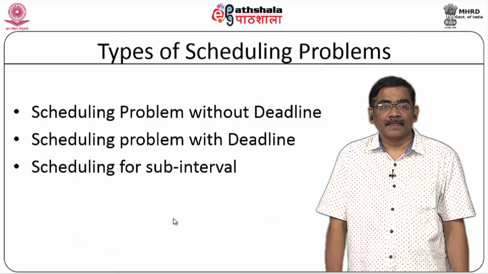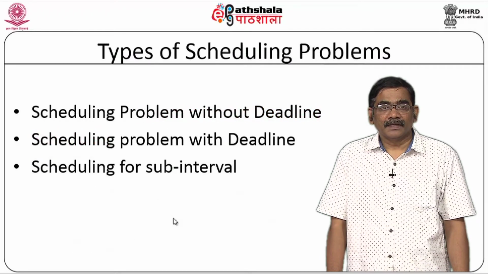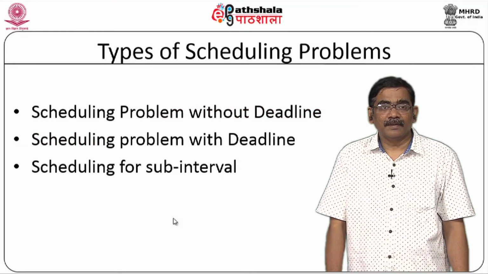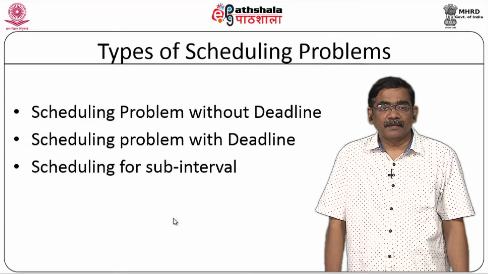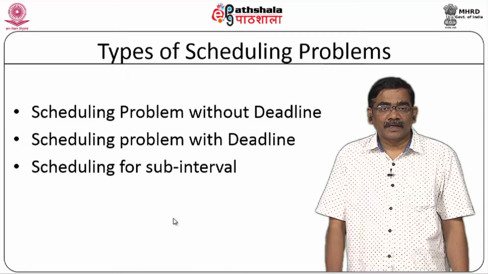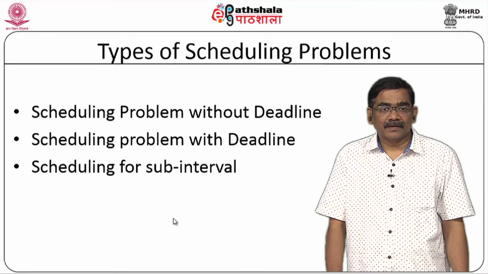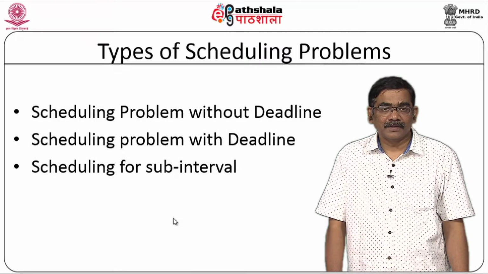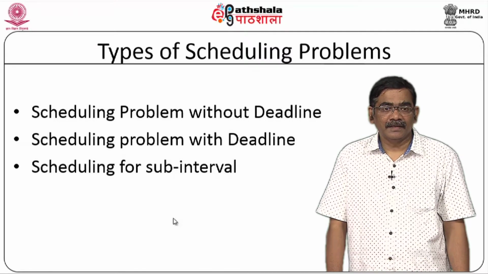So, there are three types of scheduling problems. First, a scheduling problem without a deadline. That means without bothering about deadline, we can solve this problem with respect to profit. Our aim is to get maximum profit.